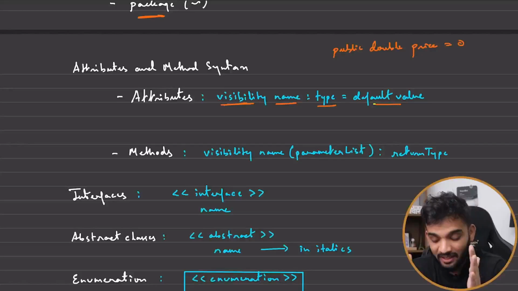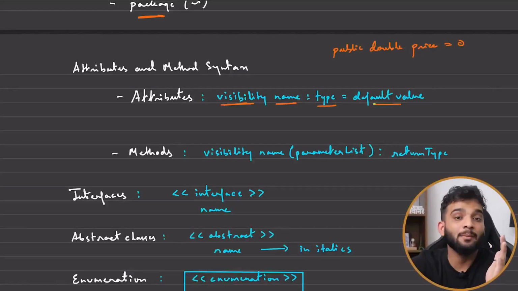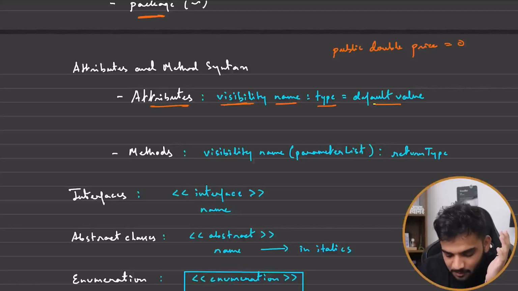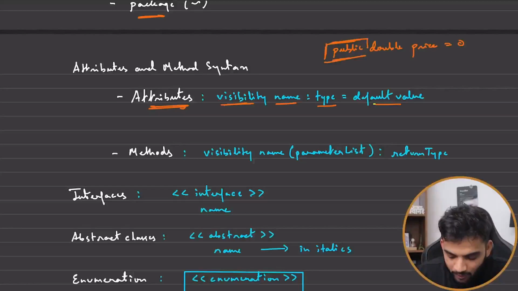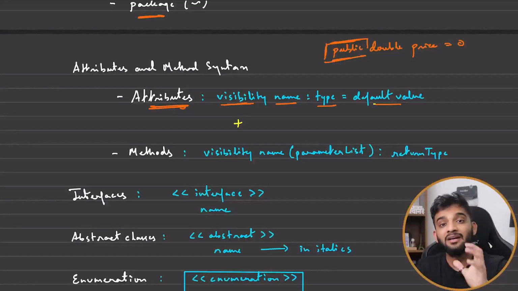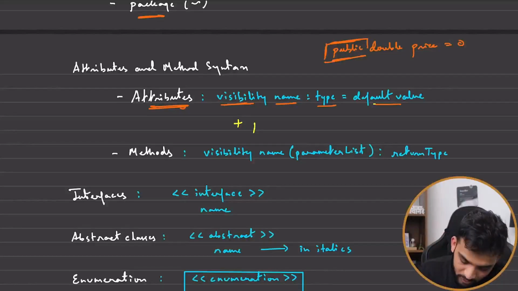But when I'm explaining this in terms of a class diagram to the stakeholders, I'll follow this particular pattern, which is visibility marker. It's public. So I pick up the plus visibility marker. After that, I need to write down the name, which is price. After that, the type. What is the type? It's double.